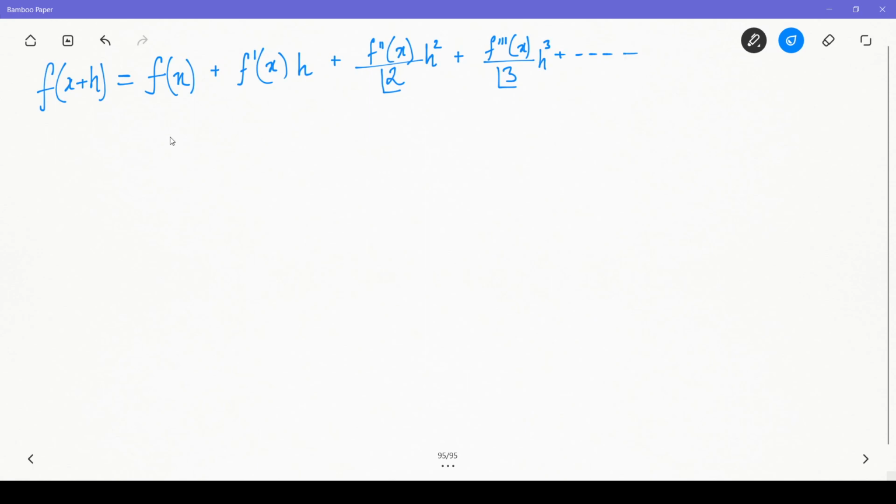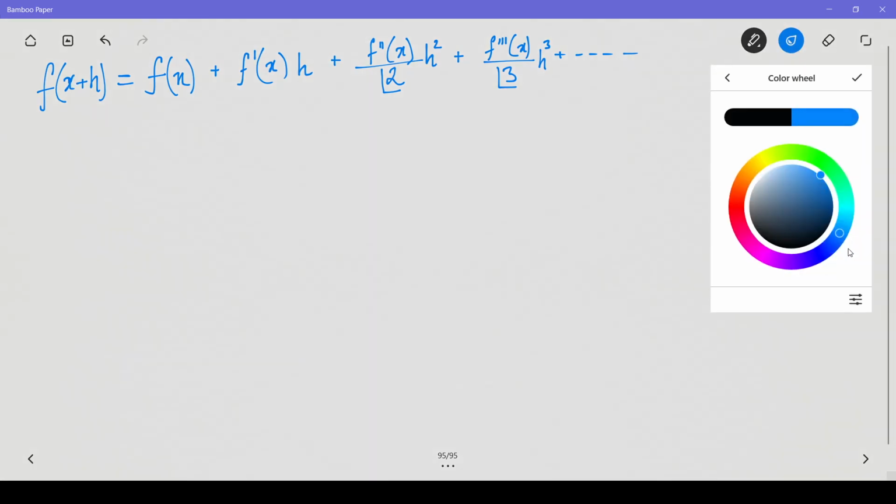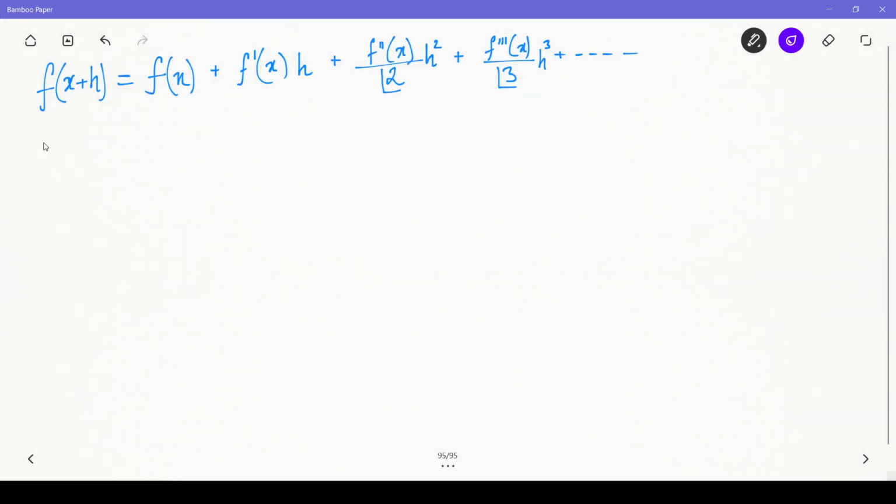So this thing will be 3 factorial times h cube and so on, right? Fine. So in order to draw a parallel between the Euler's method formula and this Taylor series over here, let's see how we can do that. Okay, so let's say the functional value at the point x plus h, let's denote it using yi plus 1.